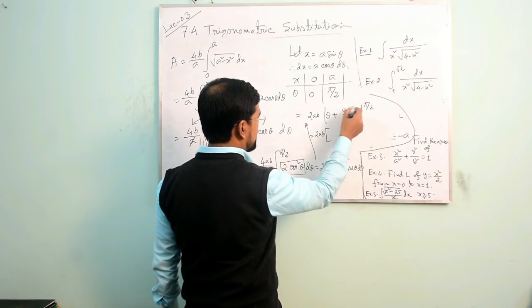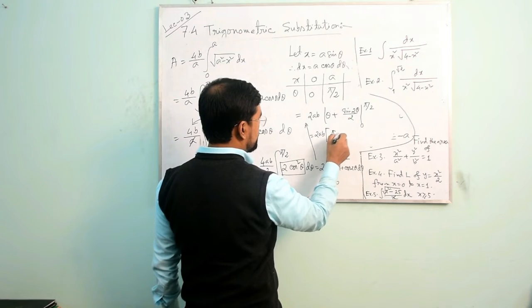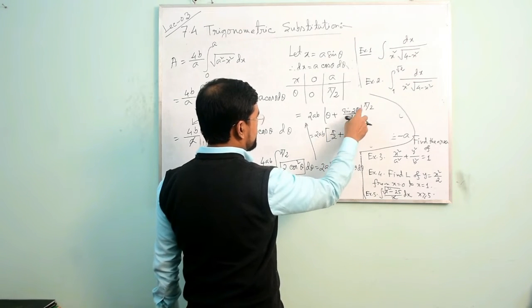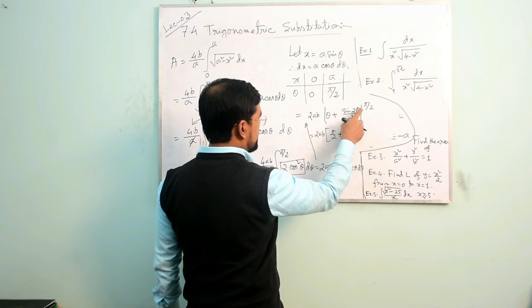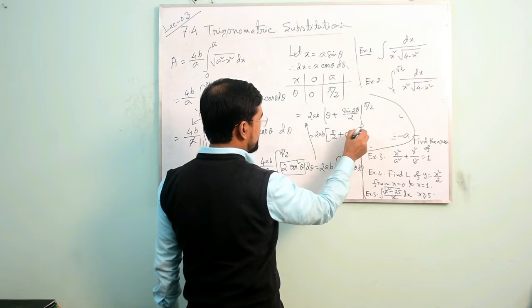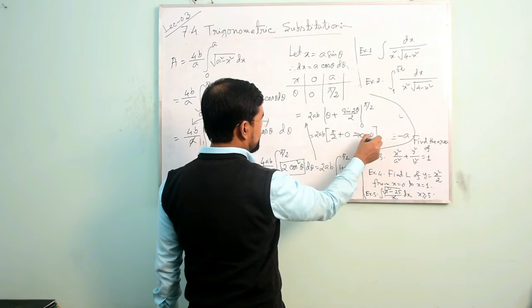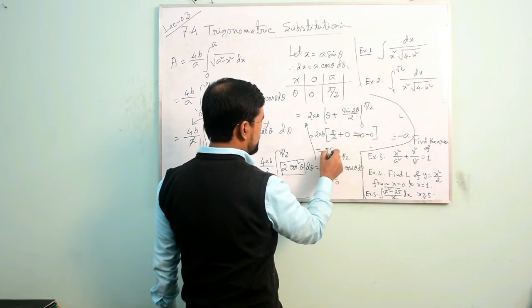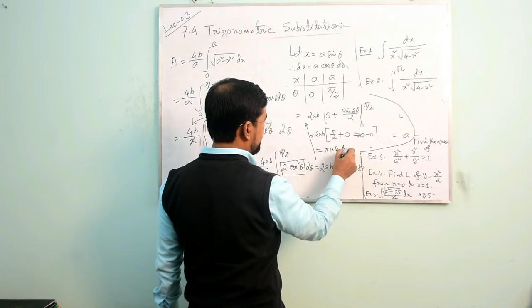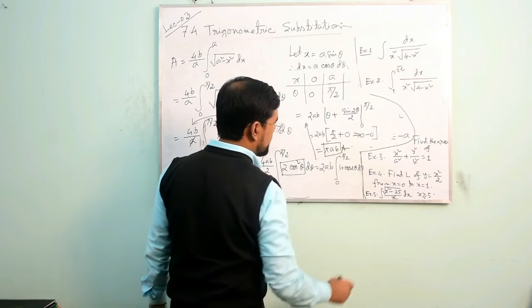You replace pi by 2 plus, if you put pi by 2 here, then it will be sin pi, and you know sin pi equals 0, and if you put 0, theta will be 0 minus 0, so the answer will be pi ab. So this is the answer.